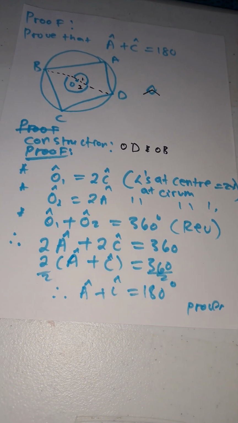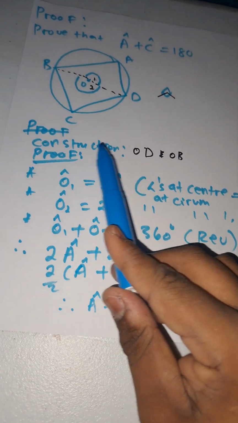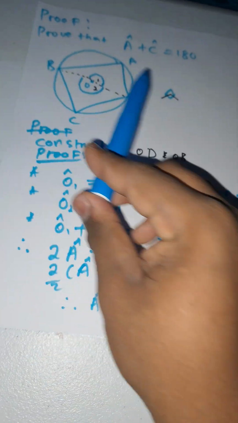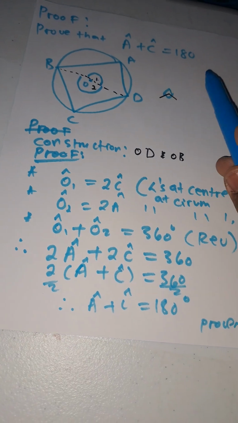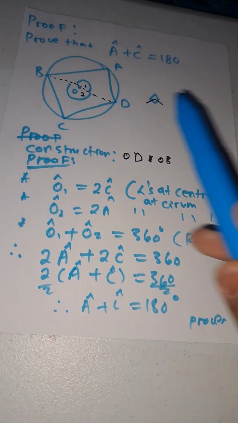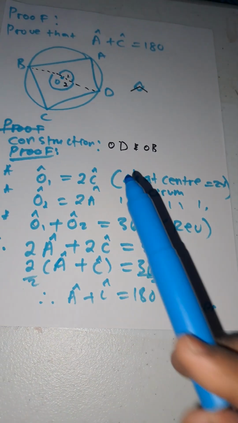The first thing that you have to do when you want to prove that 2 angles are supplementary is to construct a line between the 2 opposite points that are not the ones you are proving for. Since I was required to prove that A and C equal 180, I draw the lines from B to D. So construction: OD and OB.